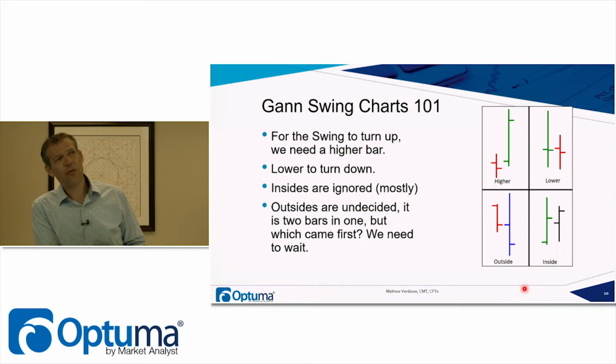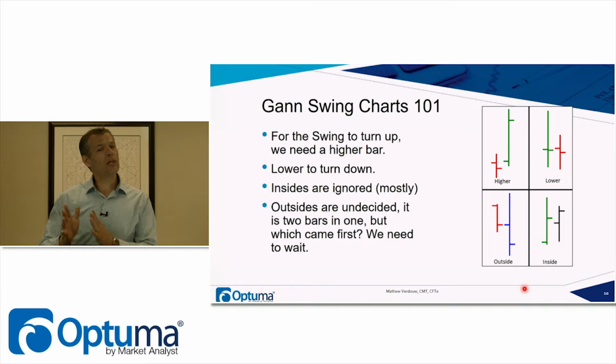If we are building a weekly bar from daily bars, then we actually analyse the bars inside to get an idea of what came first. So you can see it change a little bit in Optuma if you're using the outside bar method. If we have the lower time frame data, we will use that to get an accurate picture of where that swing actually went.